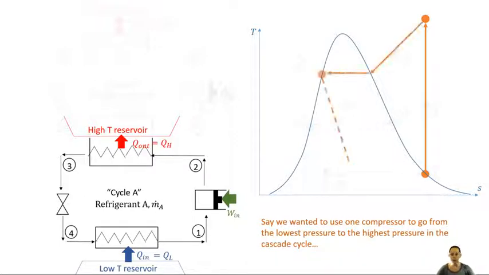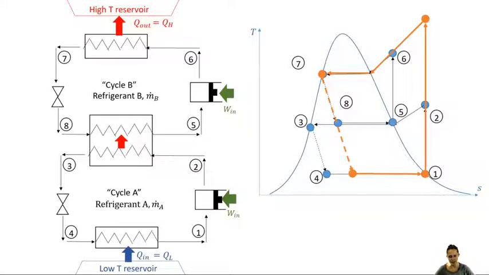And then the rest of it would look the same. Constant pressure heat rejection process, then an irreversible isenthalpic throttling process and a constant pressure heat addition process. So you can see in the background what the TS diagram for that cascade refrigeration cycle looked like, and this is what it would look like if we tried to do it with one cycle. So let's go back to that cascade cycle.